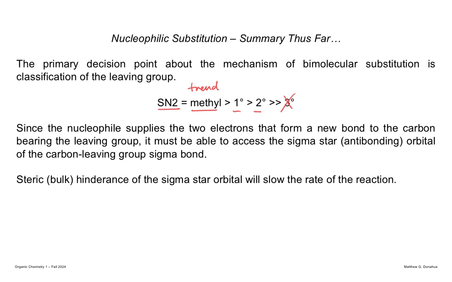The secondary one is the one that takes a little bit more diagnosing of the reaction conditions, because the tertiary will always do SN1, methyl and primary always do SN2, and the secondaries can do both.